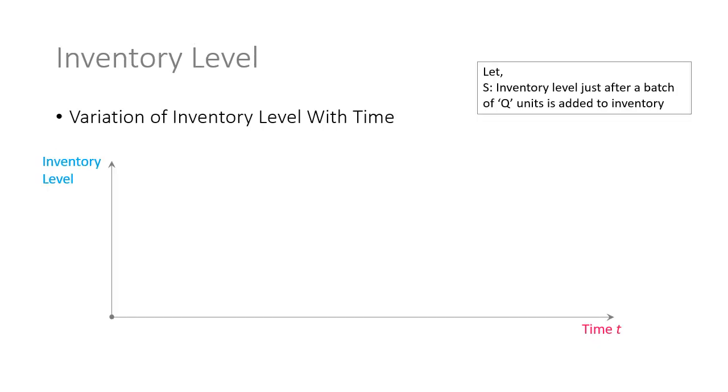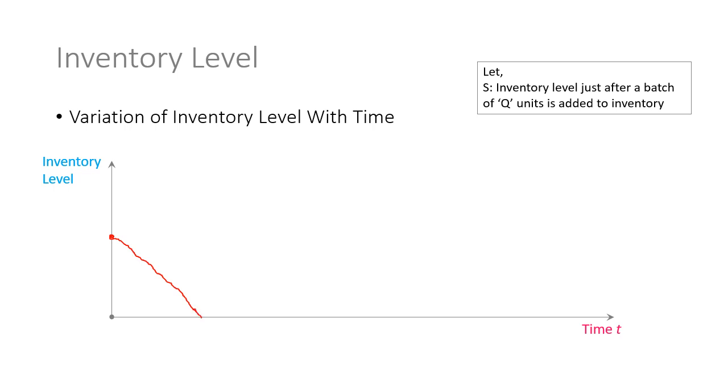Let us see how inventory level varies with time. At time t equal to 0, let this be the inventory level, and this inventory level will gradually deplete with time at a constant demand rate D, and this constant demand rate D is represented by a line of constant slope.